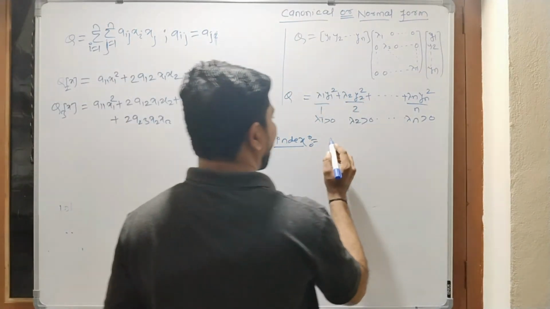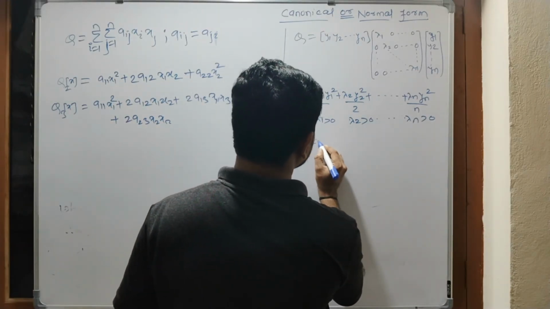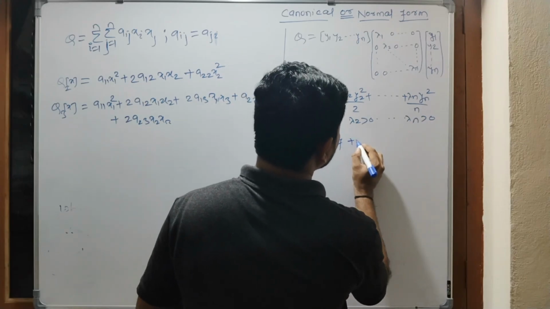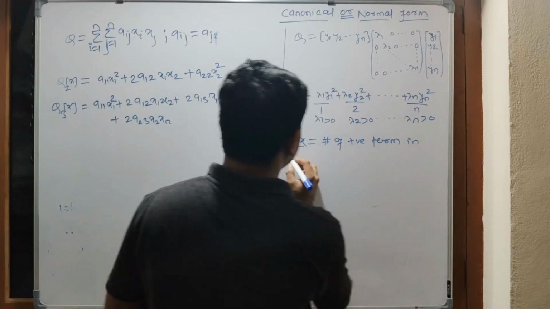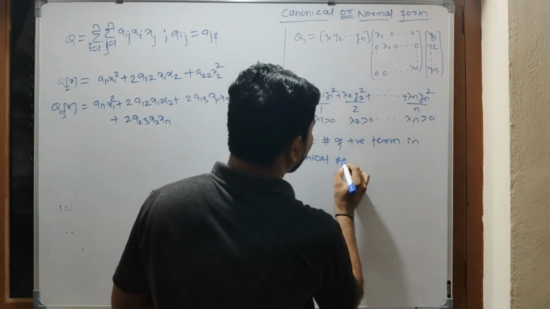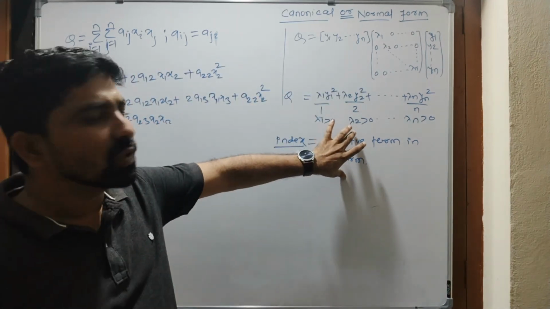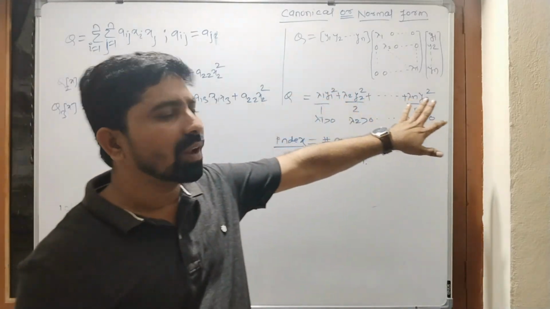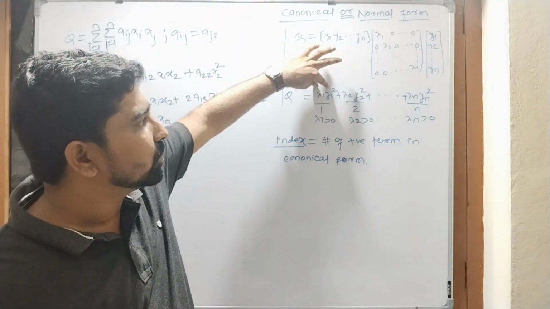That is, I will define index equal to the number of positive terms in canonical form. The number of positive terms in canonical form is the same as the number of positive eigenvalues. If eigenvalue lambda 1 is positive, then this term is positive.